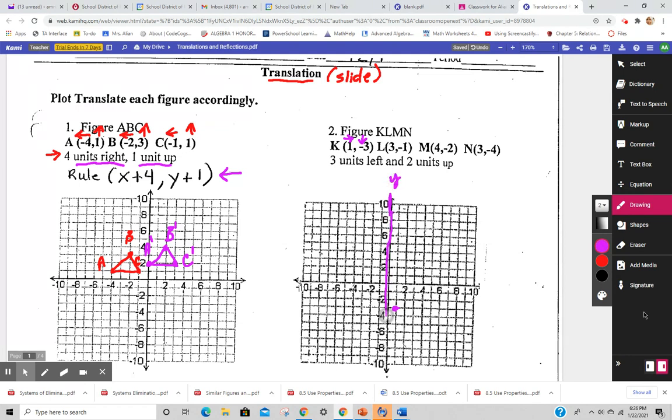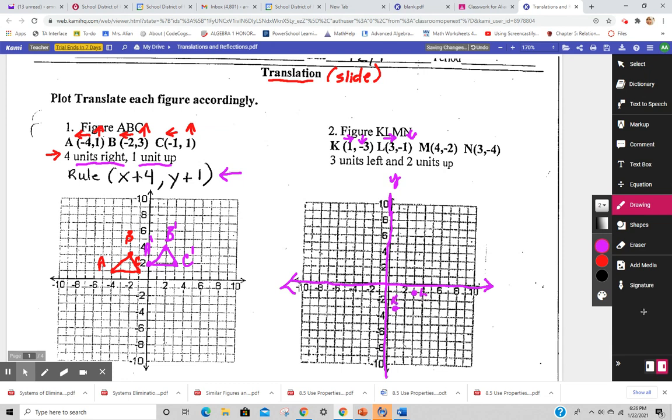This is the y-axis, and this is the x-axis. And the origin is our starting point. L is 3 right, 1 down. I need to label this K, and this one here is L.